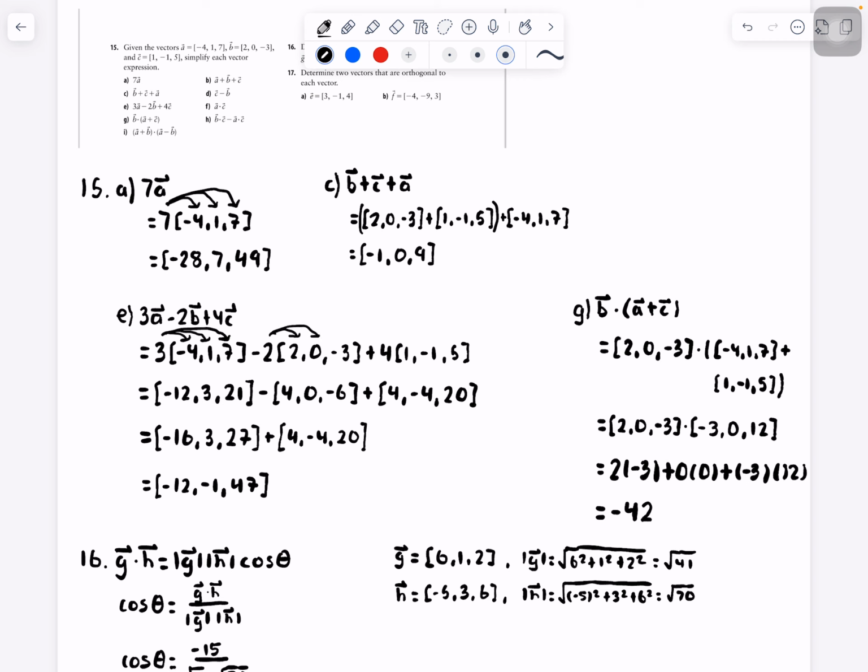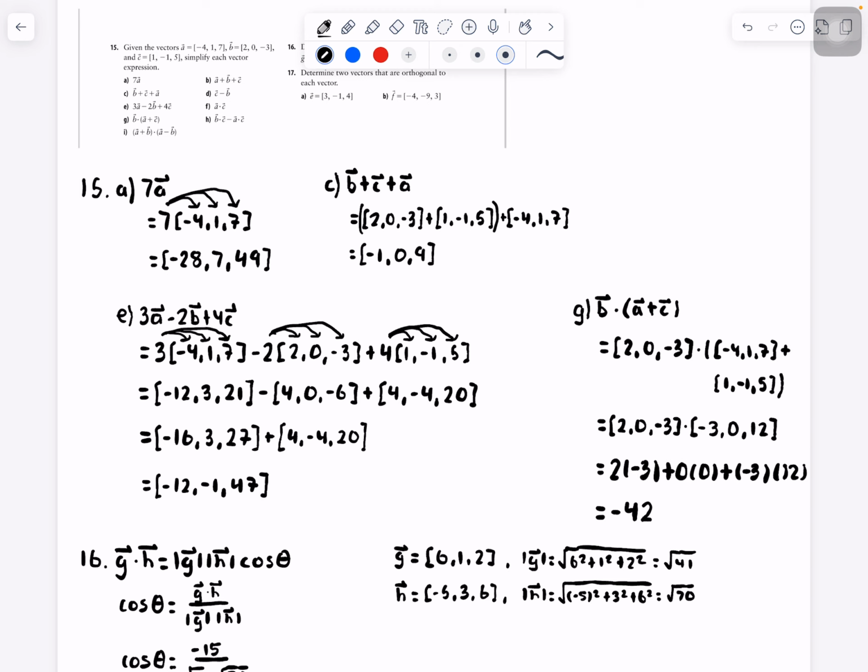That's how you scalar multiply Cartesian vectors. Kind of like distributing, you can think of it. And then I get (-12, 3, 21) minus (4, 0, -6) plus (4, -4, 20).